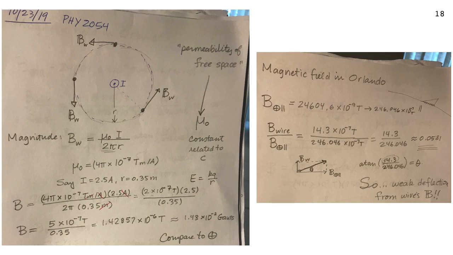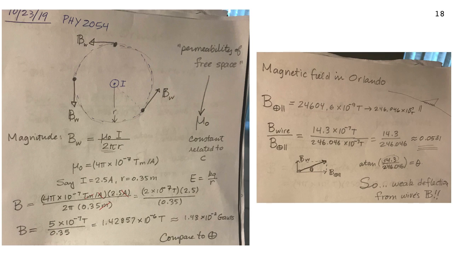Now, in Orlando, let's see, I wrote this down here. I looked it up this morning. Magnetic field of the Earth, parallel to the surface in Orlando, is 246,046 times 10 to the minus 9 Tesla.